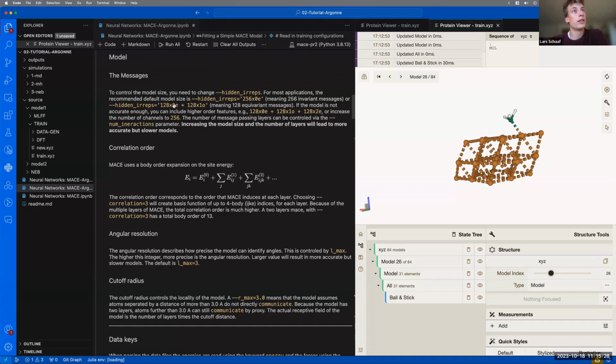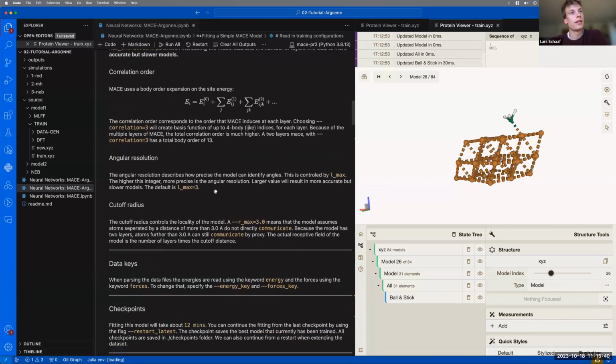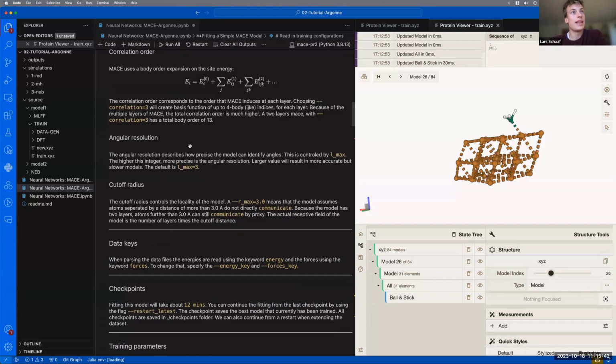L equals 0 message, so a scalar, and also a vector. So this would be, if you look at the paper, capital L equals 1 model. And so these are kind of the key parameters that you can train and choose.